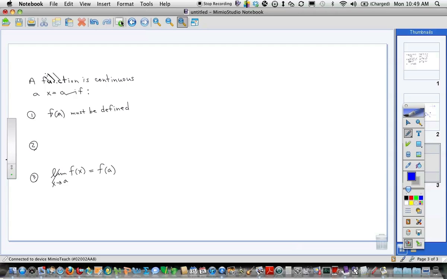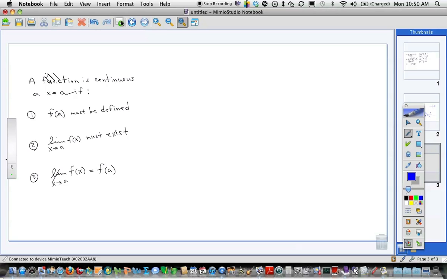So for this third one to be true, there must be an f of a for it to be equal to. So f of a must be defined. There must be an output there. And then the limit as x approaches a of f of x must exist. Again, notice what we said. f of a must be defined.